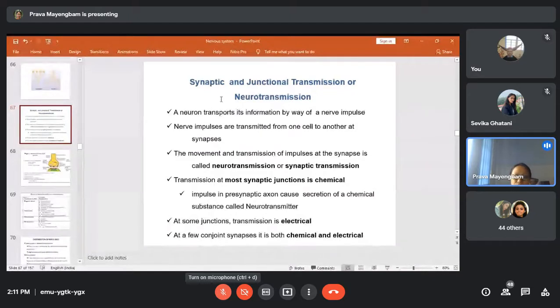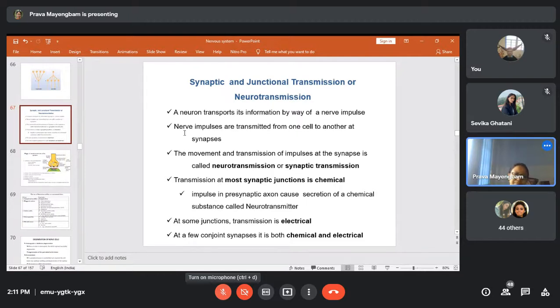A neuron transports its information by way of nerve impulse. Means the information is transported from one neuron to another by way of nerve impulse. The neuron will be generating some nerve impulses, and with this nerve impulse, it is going to transport information.